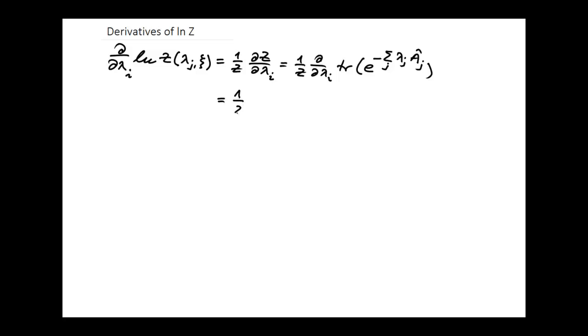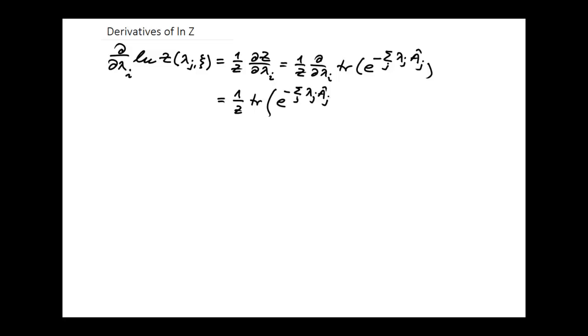So the 1 over Z stays, the trace stays, and then the derivative of an exponential is the exponential times the inner derivative of the exponent.